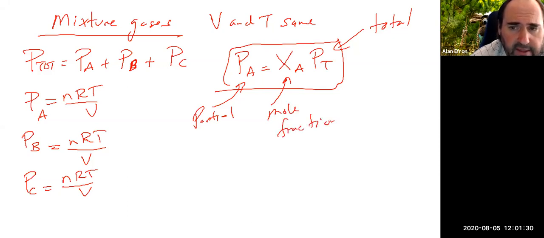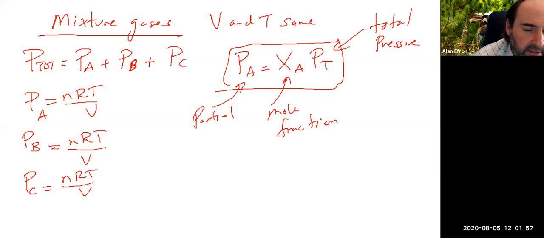You could use this equation if you're given, say, just the grams of the gases that are there, or maybe the moles of the gases as well, and you have the total pressure given to you, or maybe one of the partial pressures. Again, this is a way you could solve it if you don't have things like temperature or other factors involved in that problem.